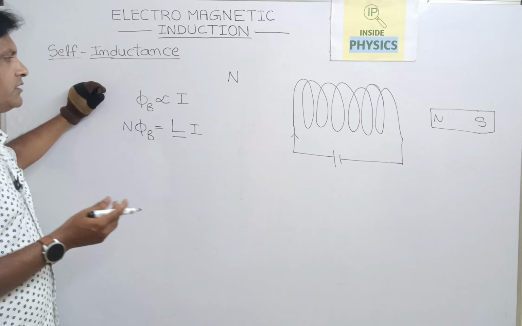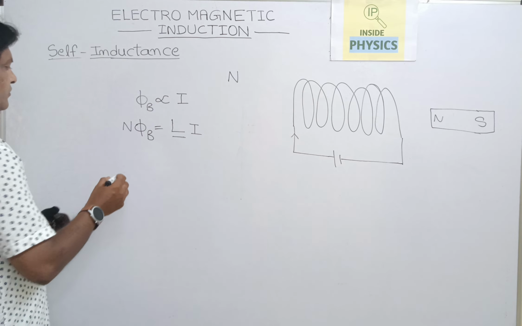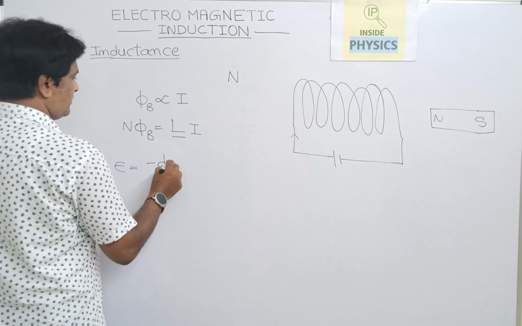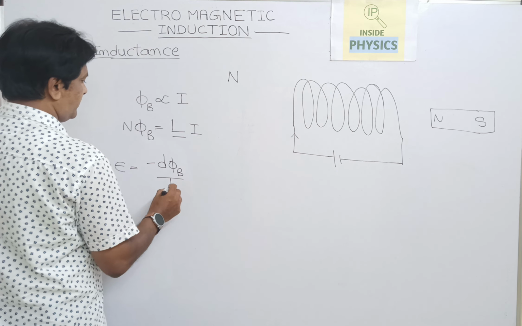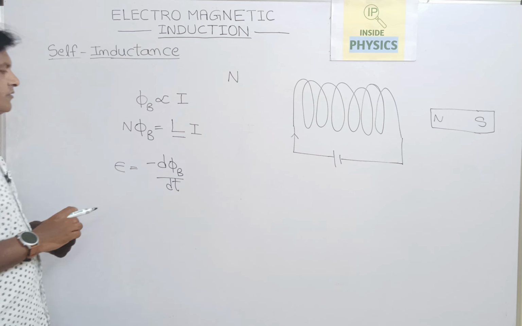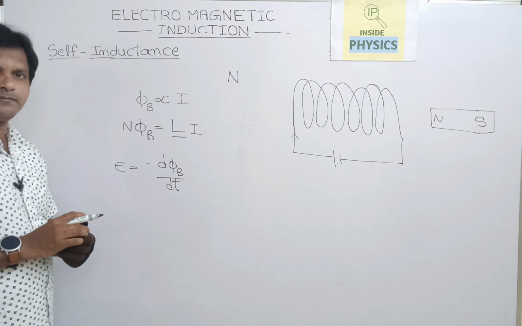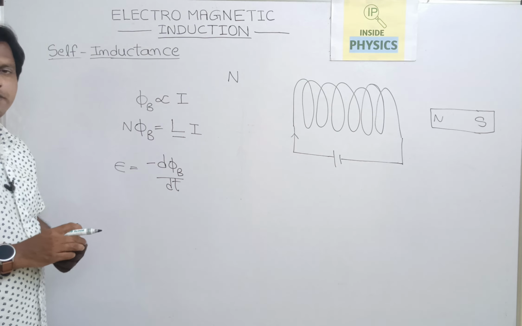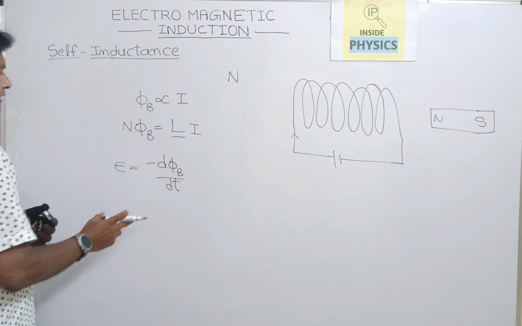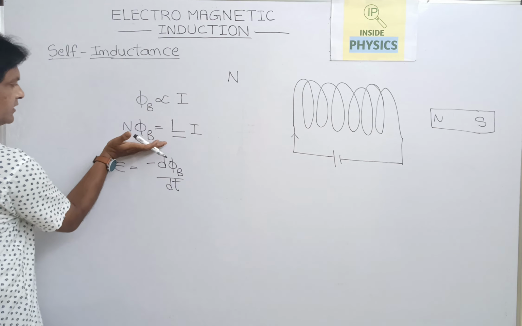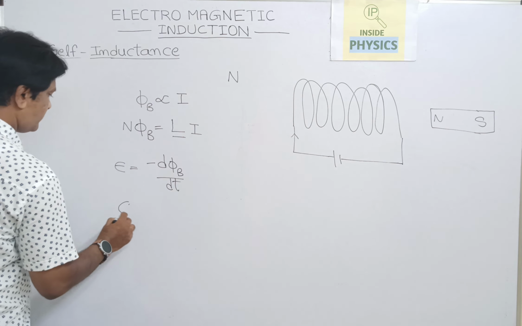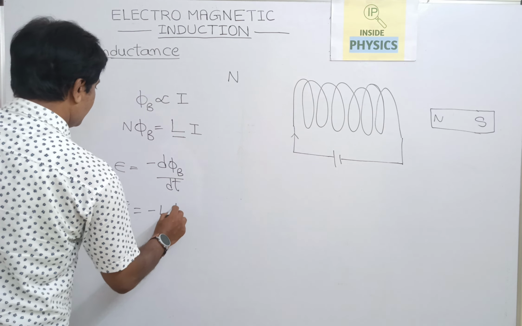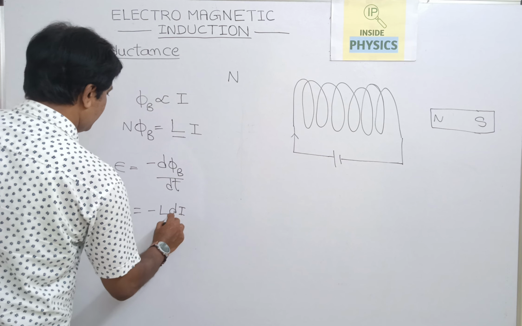So here, what is the EMF induced according to Faraday's law? The EMF induced is equal to minus d phi by dt. This is the variation of magnetic flux with time. So the variation of magnetic flux will induce EMF in a particular conductor. So here, you can substitute epsilon is equal to minus L dI by dt.